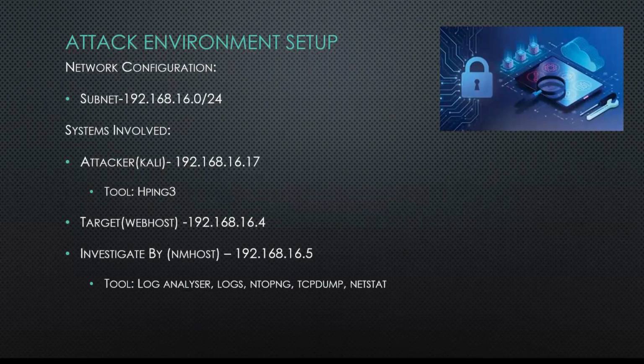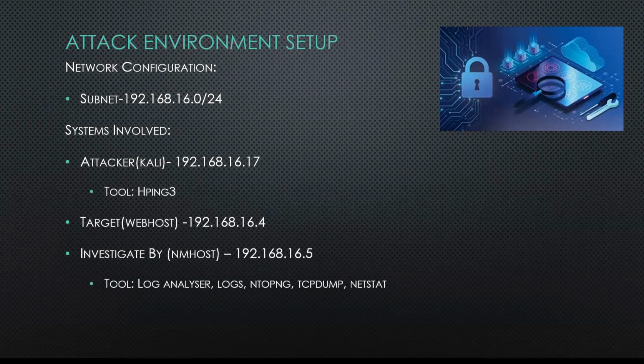Now we set up a virtual lab using the subnet IP 192.168.16.0/25. The attacker VM was Kali Linux with IP 192.168.16.17. The target was a web server on 192.168.16.4.